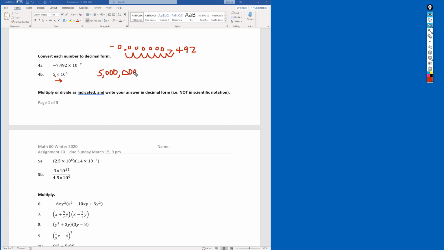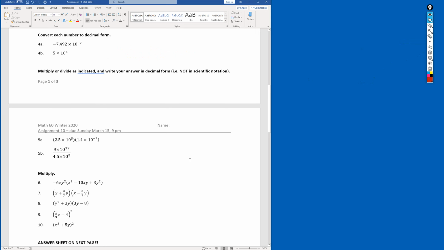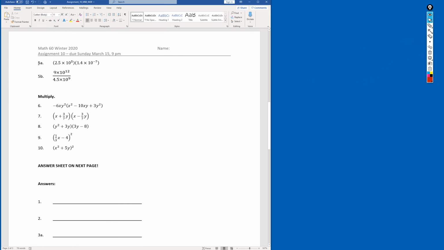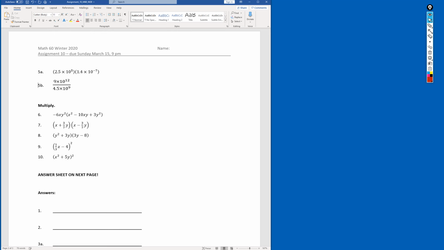Remember, every 3, starting from the right-hand side. 1, 2, 3, comma. It's just visually easier to read the number. All right, I'm going to erase and move down.